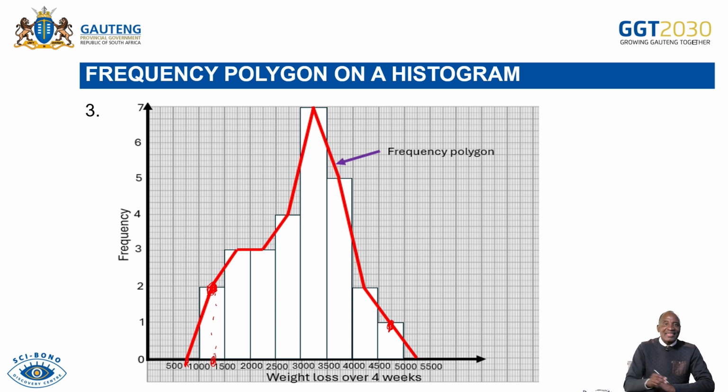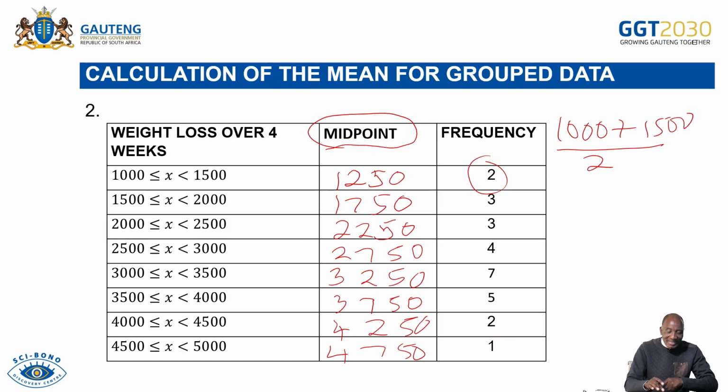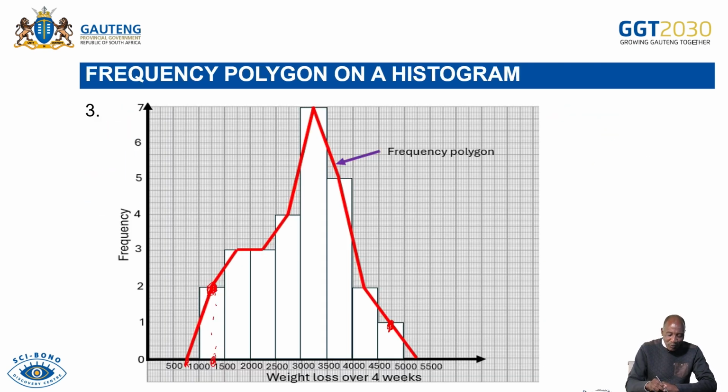Then further up, our last point was 4,750, our midpoint, which was that last midpoint there. So it means our last point was 4,750 and 1 as an ordered pair. So by right, our frequency polygon should have stopped at that midpoint.